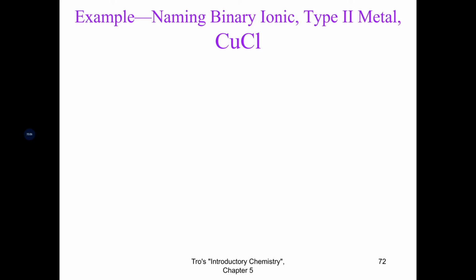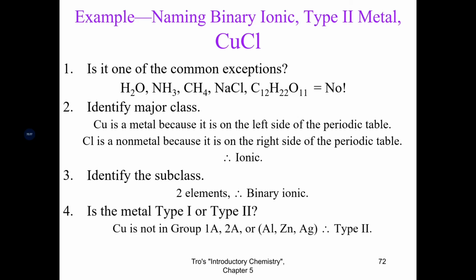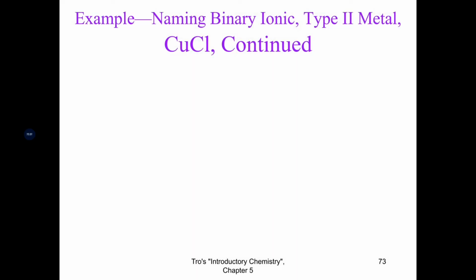Okay, let's name the following compound. It's not one of the exceptions, right? So we need to go through and determine what it is. It is an ionic compound, and copper is type 2, not type 1. Okay, so it's an ionic, binary compound, and it is type 2.